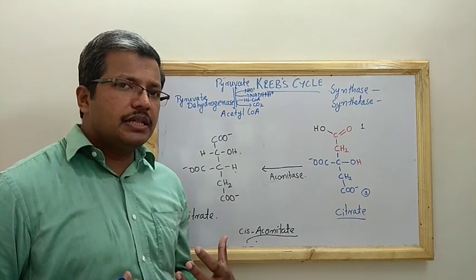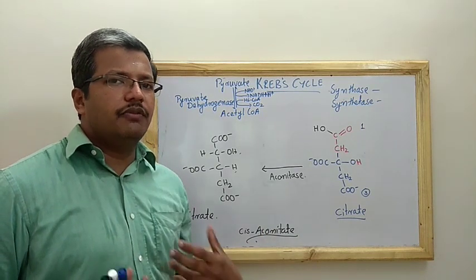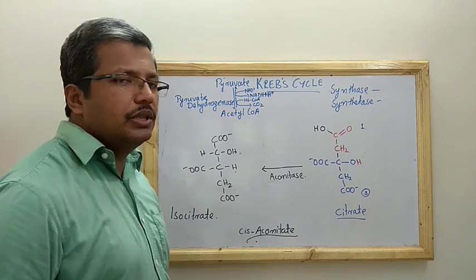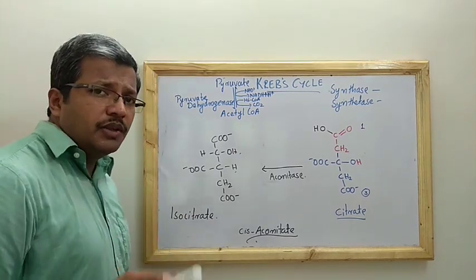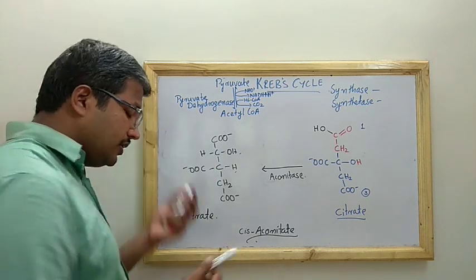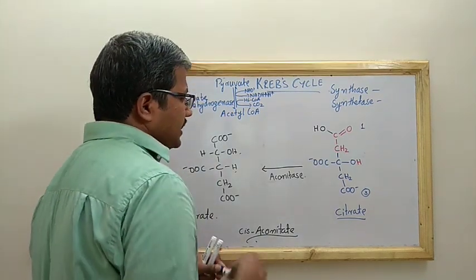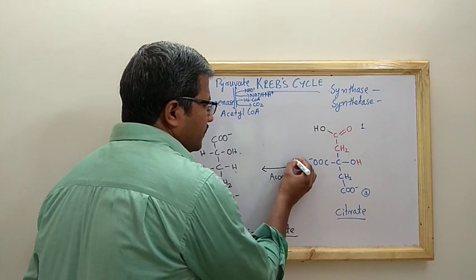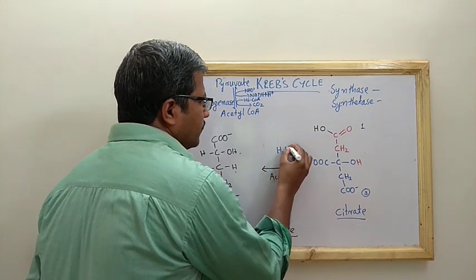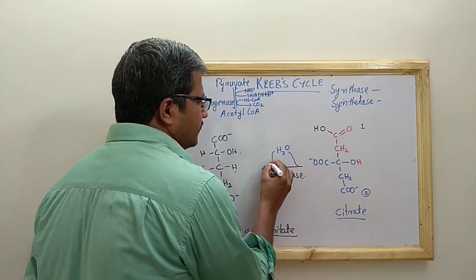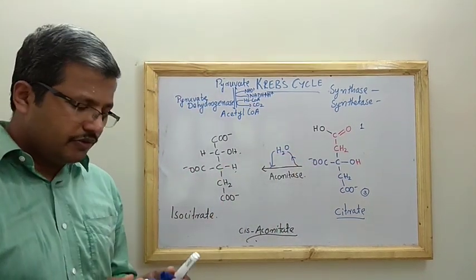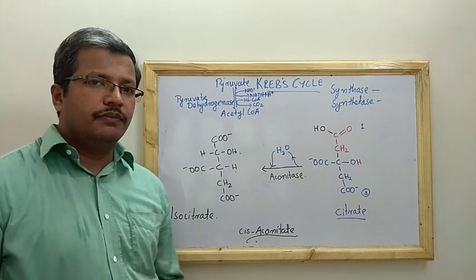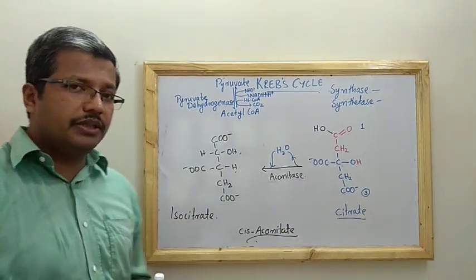When water is added to cis-aconitate, it will form isocitrate, but the OH and H positions will vary. In order to show the removal and addition of water, we just mark it like this: water is removed, then water is added. As a result, isocitrate is formed.